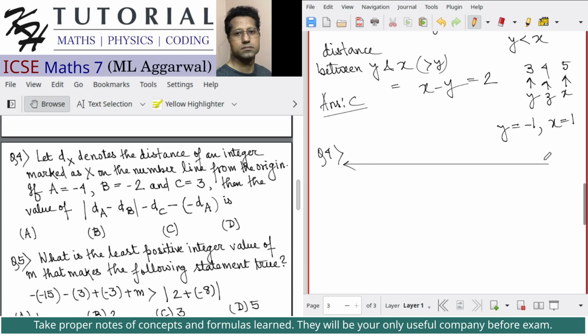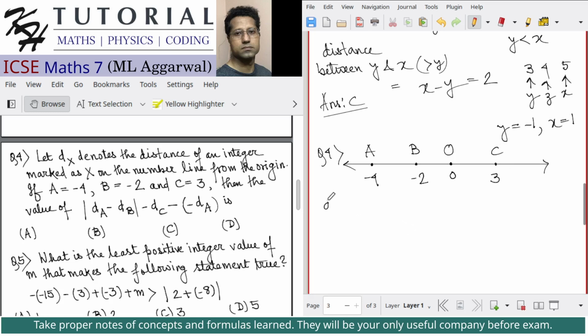We have this number line, O is the origin, which refers to the integer value 0. So B is -2, this is the integer -2 marked by the letter B, and this is -4 marked by A, and we have 3, let's say this is 3 marked by C.